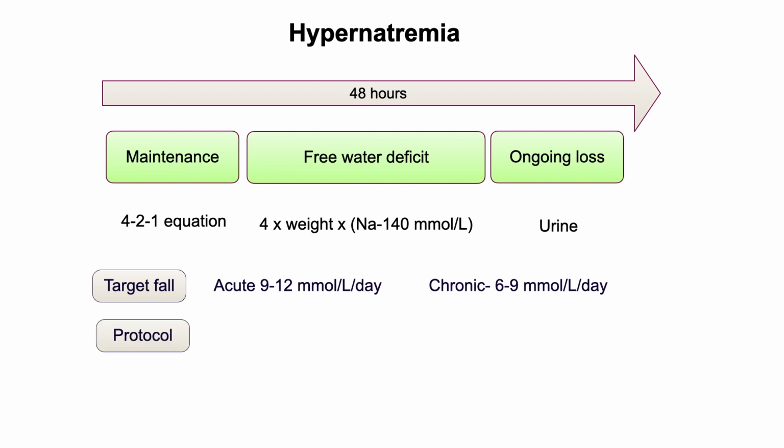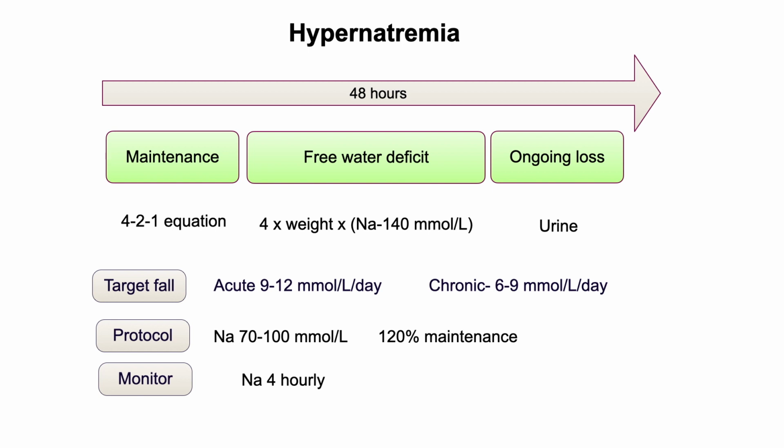This is usually established via half normal saline at 120% maintenance, with close monitoring of sodium and GCS. Very importantly, any rapid fall in sodium may result in seizures, and in that situation 3% saline may be effective.